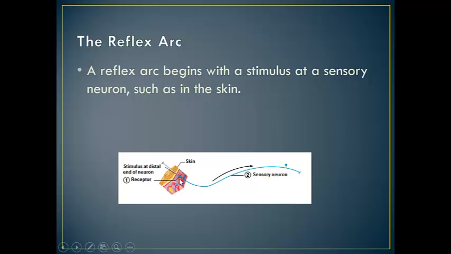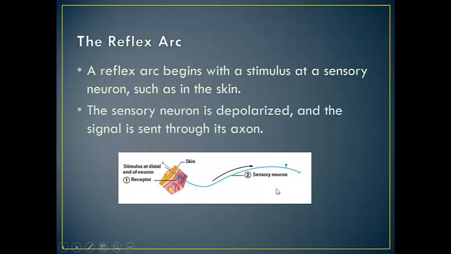So one of my pain receptors will pick up that signal, that pricking of my skin, and it'll send that message off to a sensory neuron. Now, the sensory neuron will become depolarized, remember, because it's getting a stimulus. It requires an action potential. That's how all those neurons propagate their message. And it's going to send a message via this action potential down its axon.